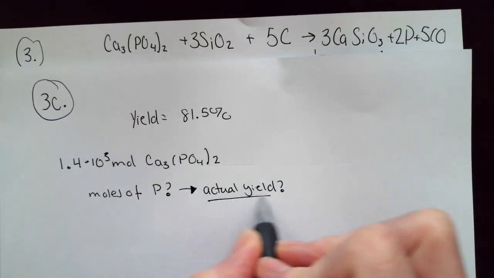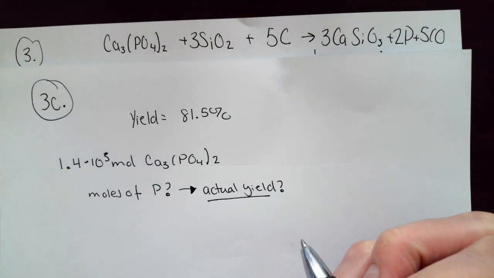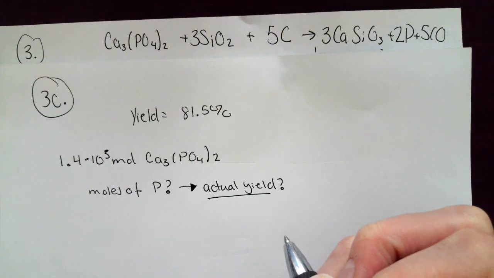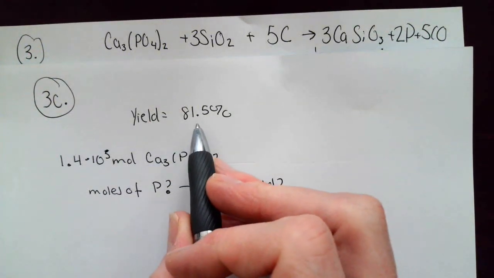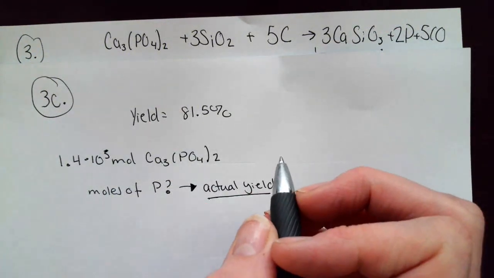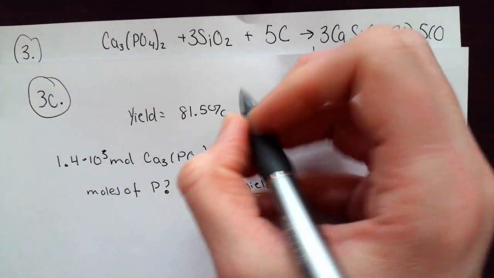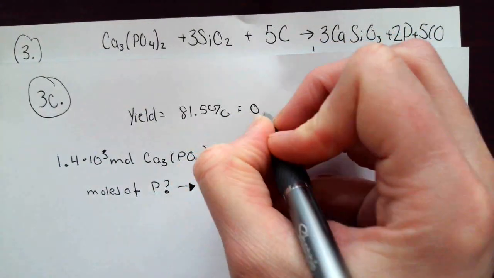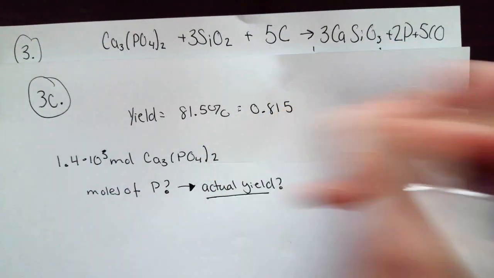So they want to know what actually is yielded from this reaction, if there is an 81.5% yield. Now 81.5% as a number is equal to 0.815.